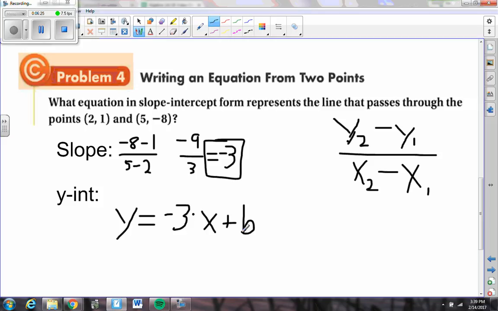Because -3 is my slope number, that I know is in front of the x. I do not know the b value yet.